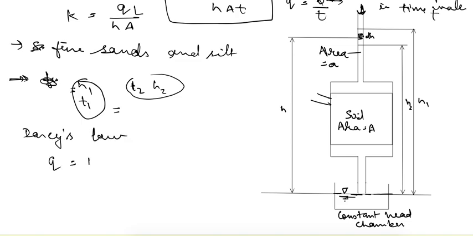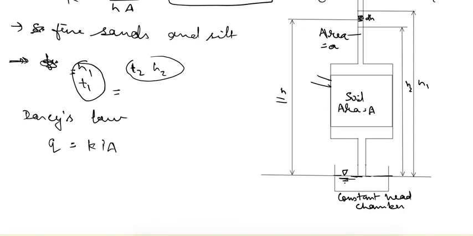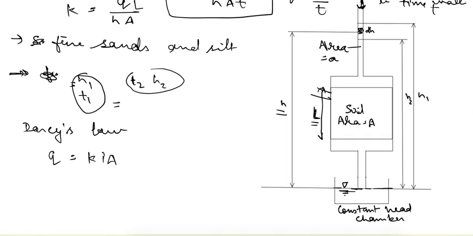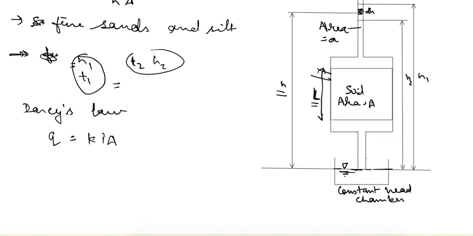Q is equal to KIA, and if I say for a particular height h, and in this case the length will be taken as the length of the sample, because the flow pipe is inserted from the top, so flow will be carried through the whole sample, and we are measuring the difference between this lower level and this upper level.